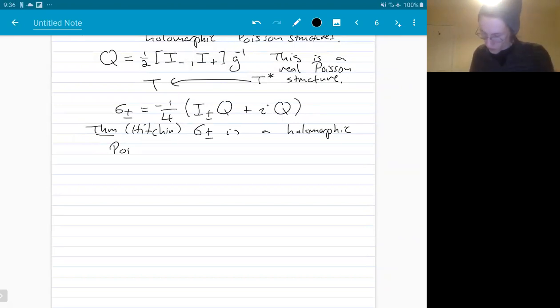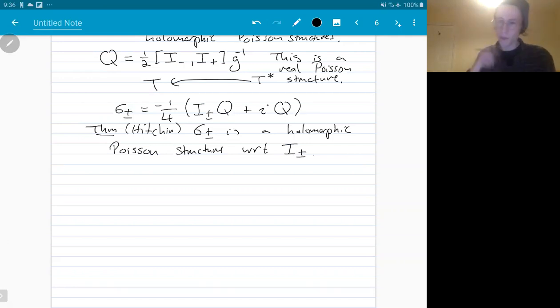Right. So the theorem of Hitchin says that this sigma plus minus is a holomorphic Poisson structure with respect to I plus or I minus. So what I mean is that you can do this either for I plus or for I minus. So you get these two tensors, sigma plus and sigma minus.